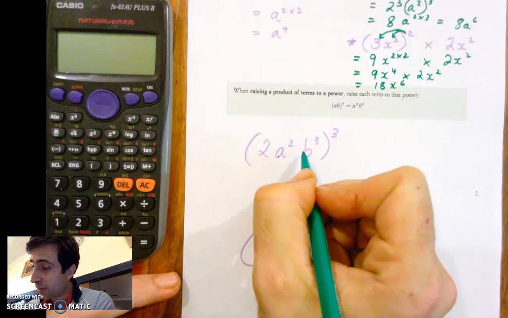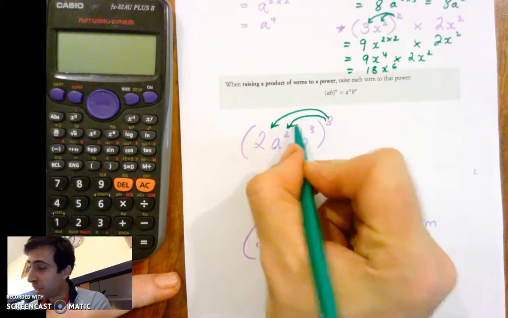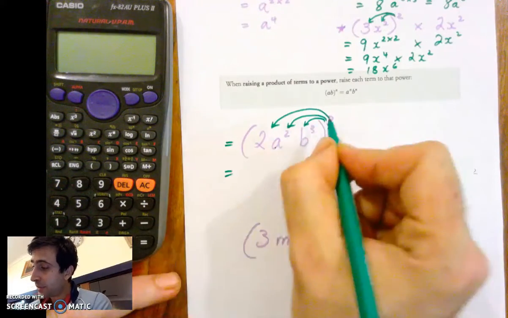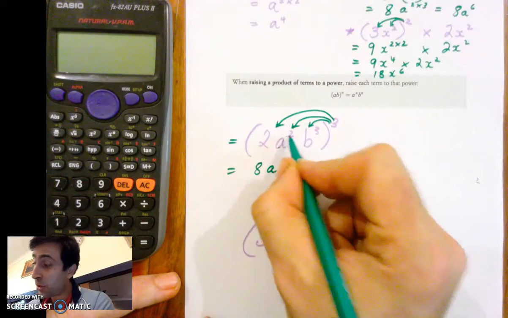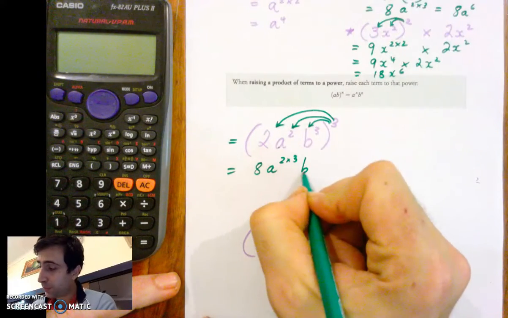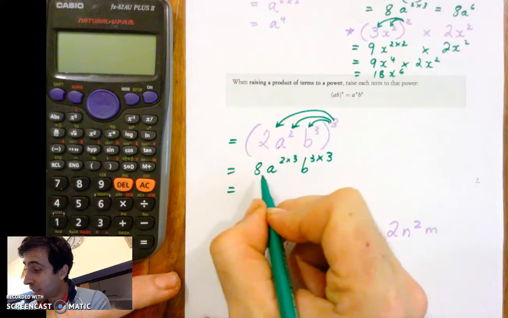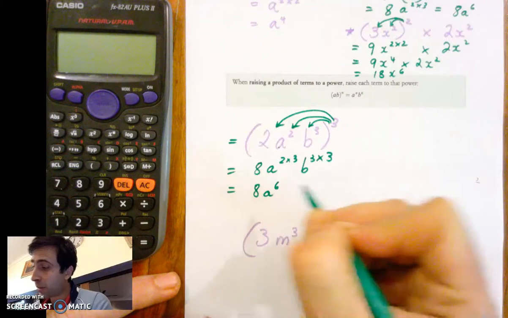It's the same for the coefficient, it's the same for the first term, it's the same for the second term. And so this is quite easy. It just ends up being 2 cubed, which is 8, a to the 2 times 3, b to the 3 times 3, which is 8a to the power of 6, b to the power of 9.